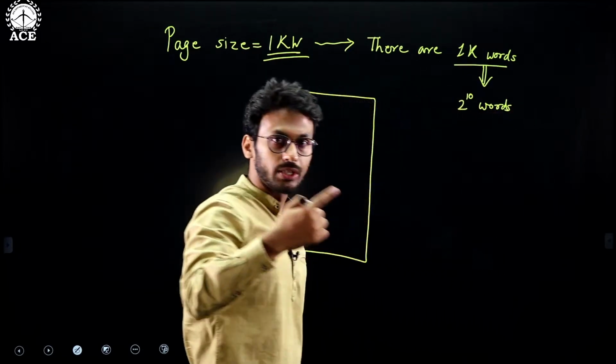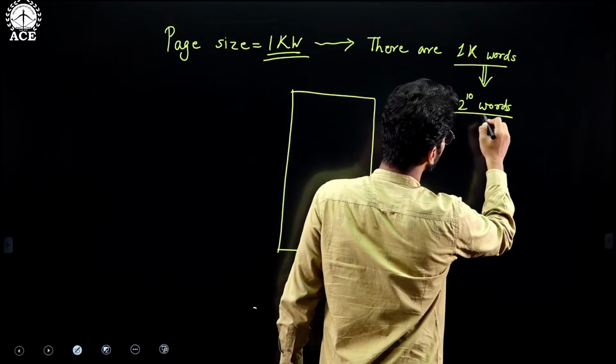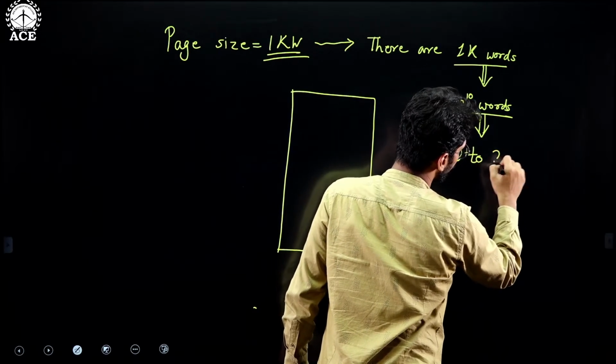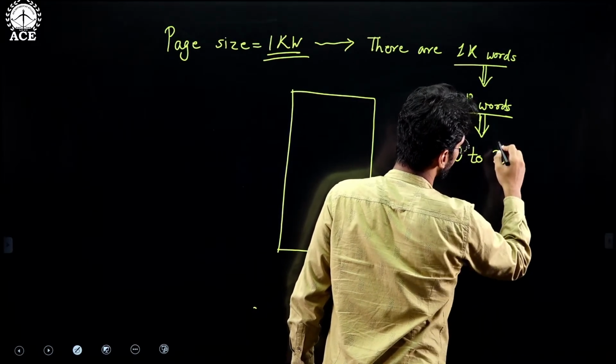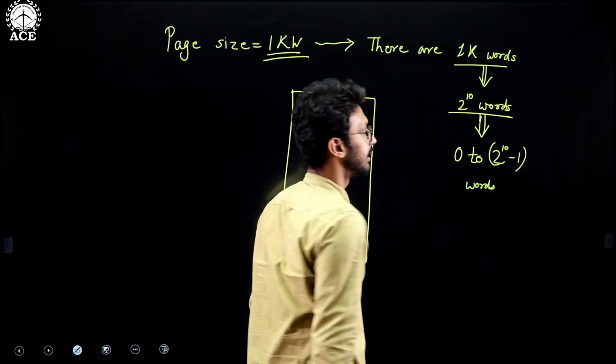If there are 2 raised to 10 words starting from 0, what will it be? 0 to 2 raised to 10 minus 1. This will be the words.